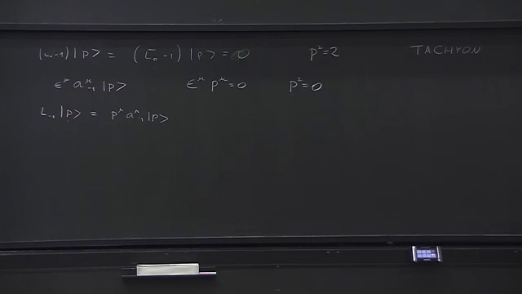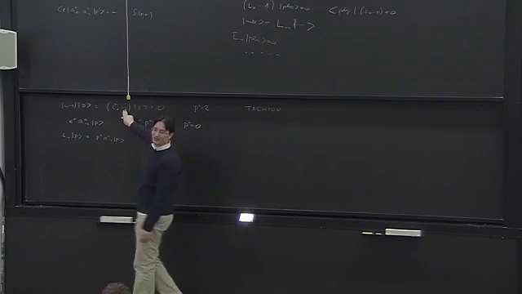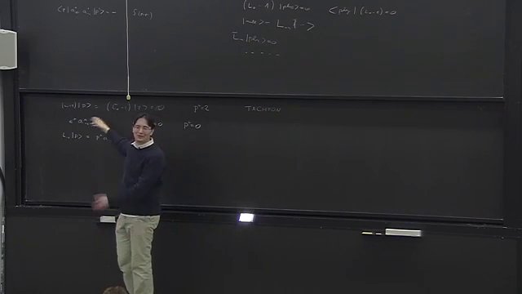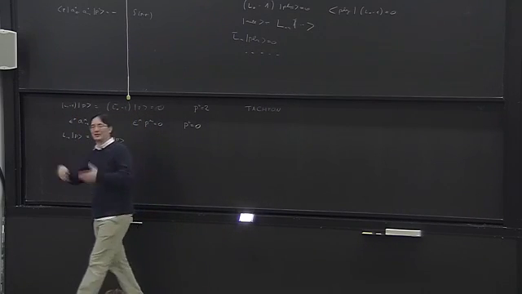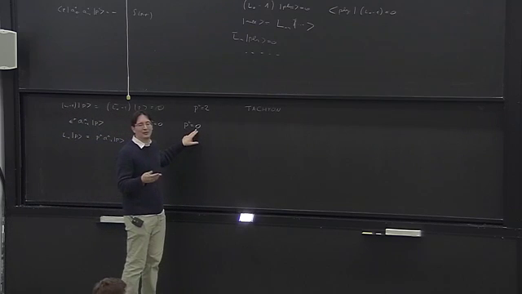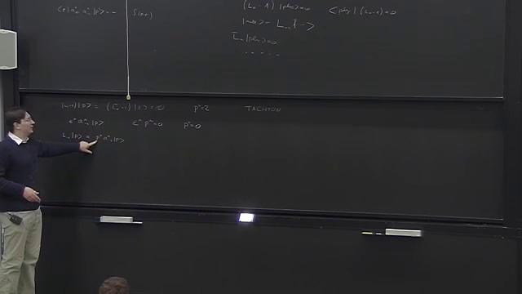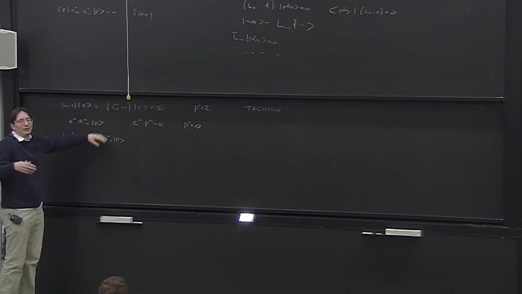Now, this happens exactly because this number is minus 1. Had this been minus 26 over 24, minus 1 over 24, whatever, then you would get a p squared different from 0 for these states. And then these null states would not also have been physical states.